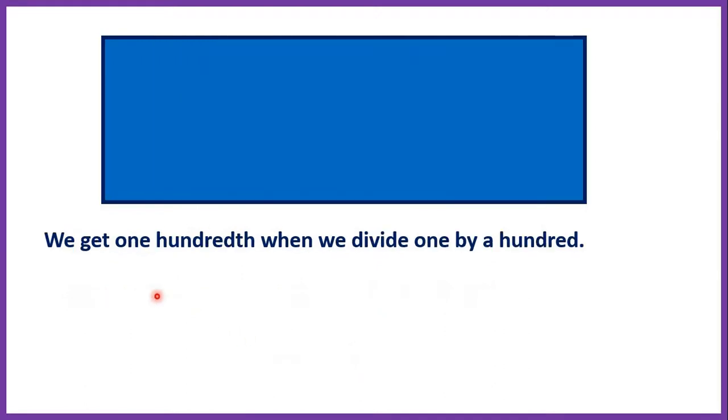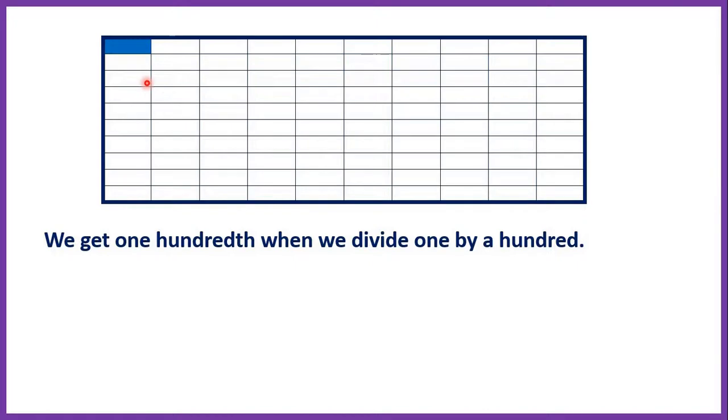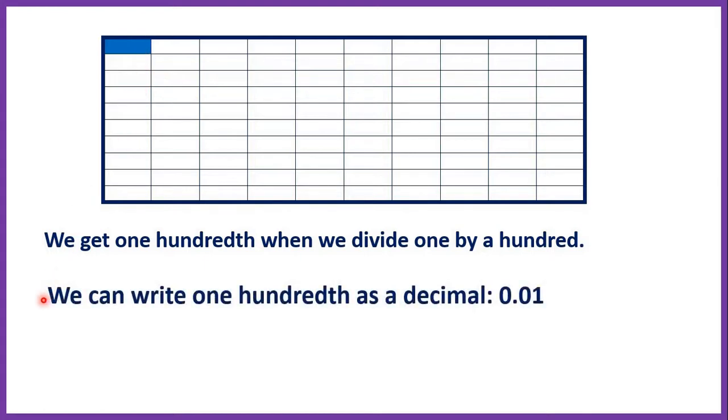We get 1/100th when we divide 1 by 100. So again, we've got one big rectangle, and if we divide that into 100 pieces and keep only one piece, then we have 1/100th. So we can write 1/100th as a decimal as well. That's 0.01.